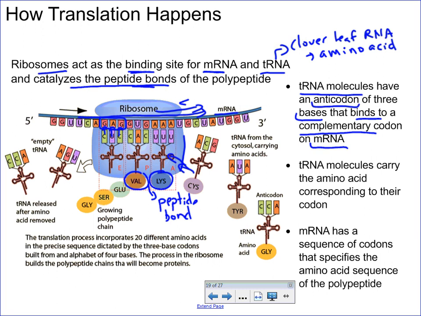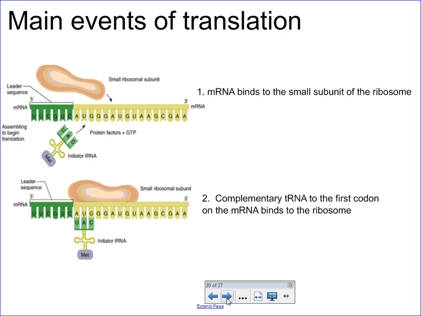So those tRNA molecules, as I mentioned, do carry the amino acid corresponding to their codon, and the mRNA has the sequence of codons that specifies the amino acid sequence of the polypeptide. The main events of translation that have to occur are that first, the mRNA has to bind to the small subunit of the ribosome.